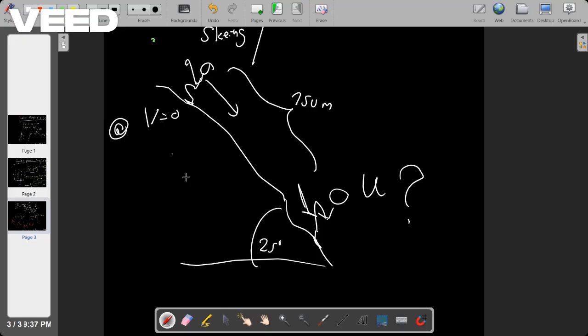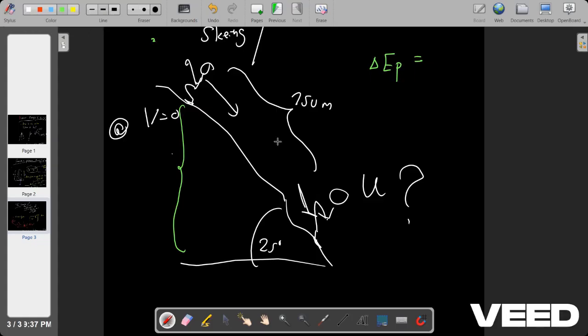So what I would do is find the amount of decrease in potential energy. So delta E potential energy is equal to... this energy must be transferred into something because the potential energy has decreased as he is going downhill, right?